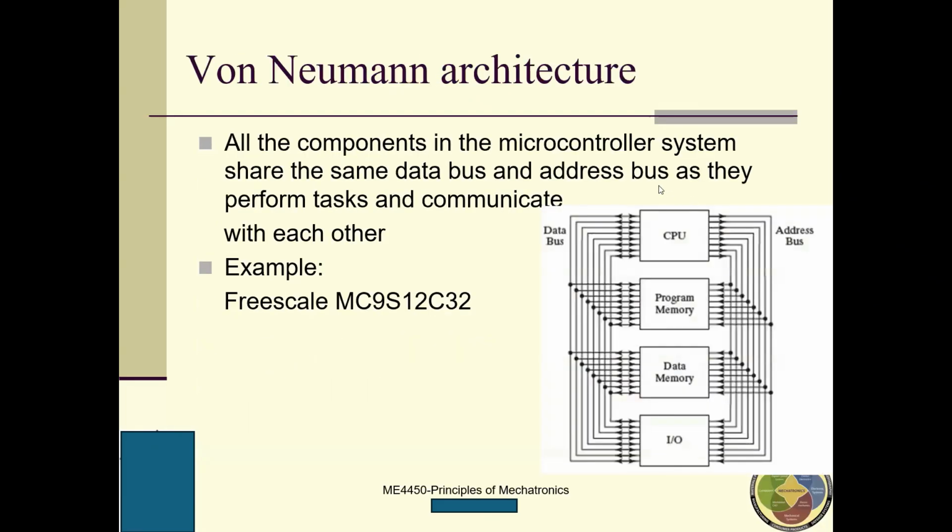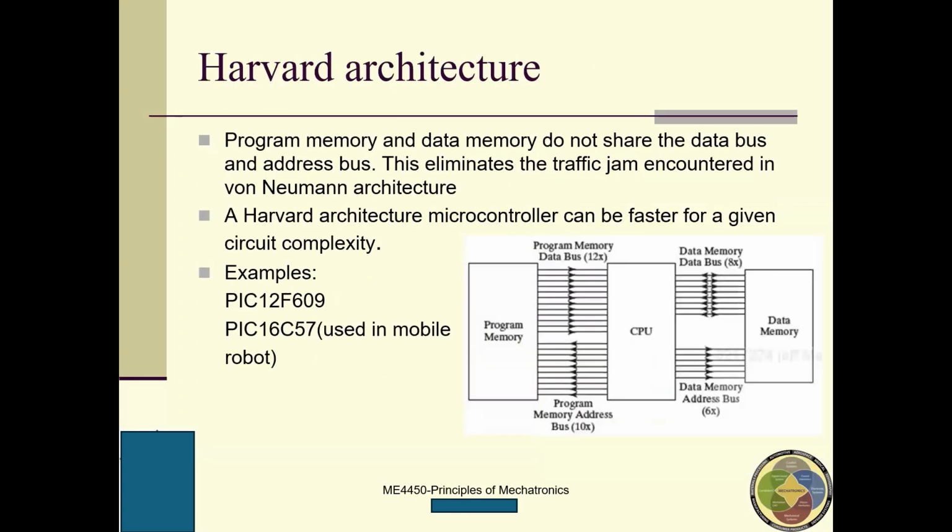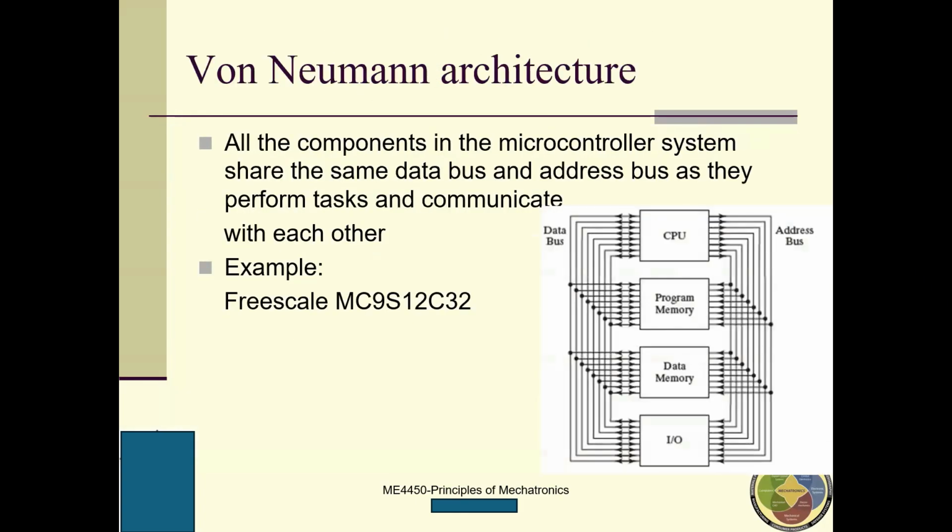Then we talk about the bus architecture. So I want you guys to know this, okay? There are two different architectures for the system, and you should know the difference between them. I will ask you. So one is called von Neumann.